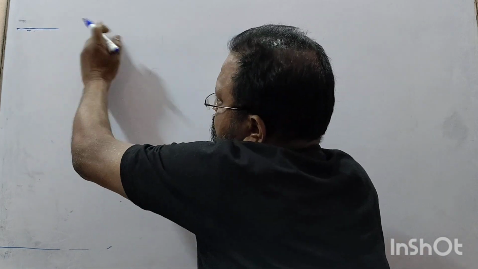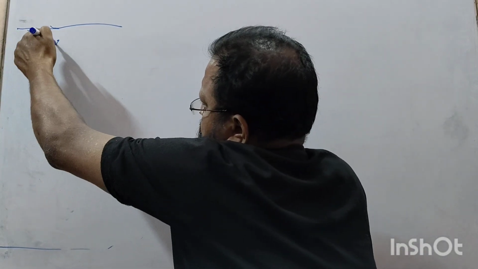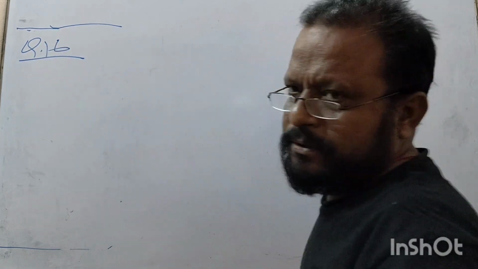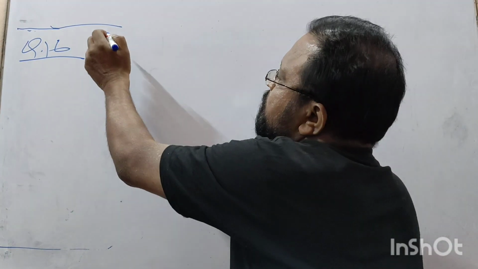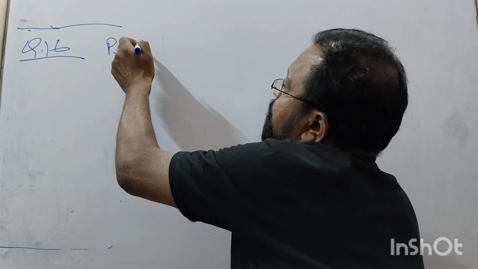Can you come to question number 16? Yes, sir. What is that? The perimeter of an isosceles triangle is 40 centimeter.